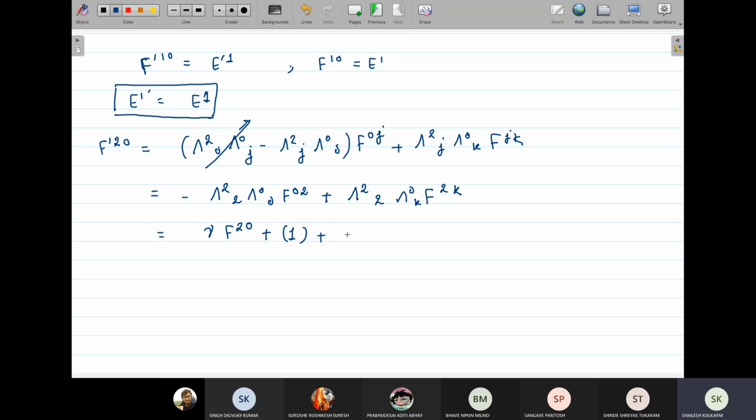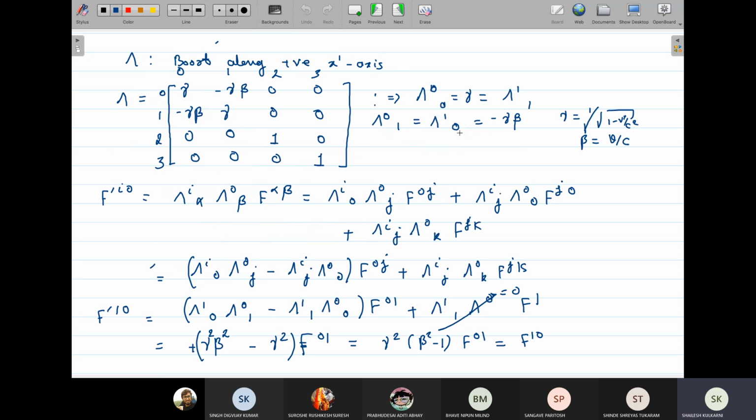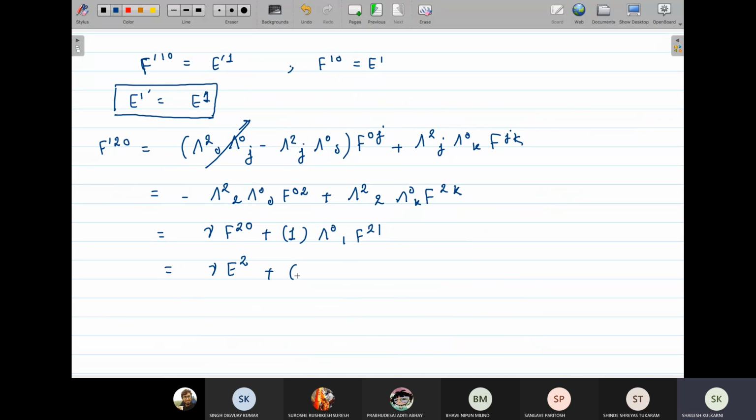So it will be lambda 22, that is 1, lambda 01, F21. So it will be gamma E2, since F20 is E2, plus lambda 01, which is minus gamma beta, and F21.